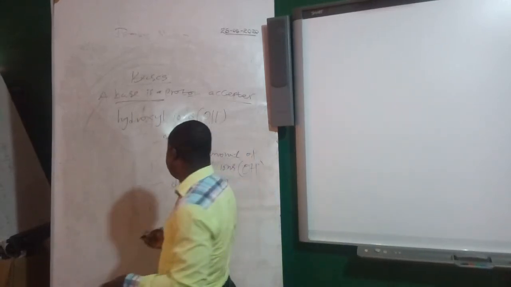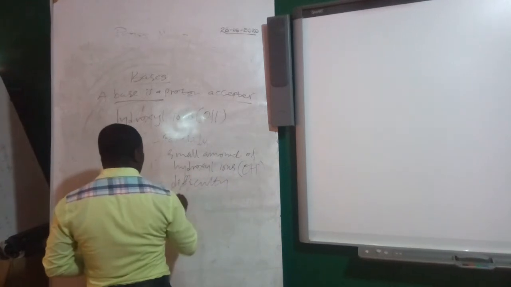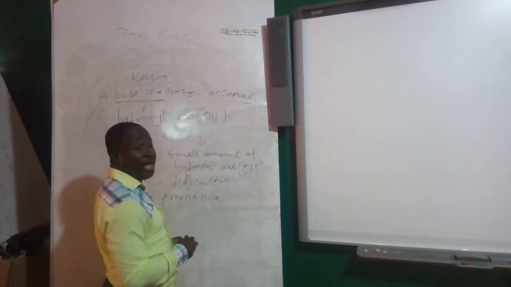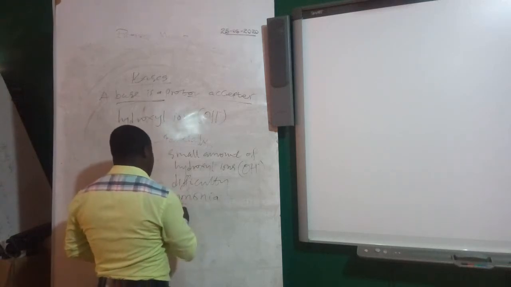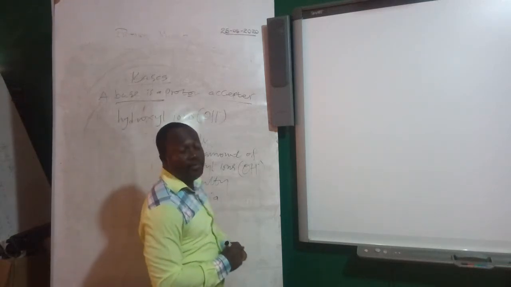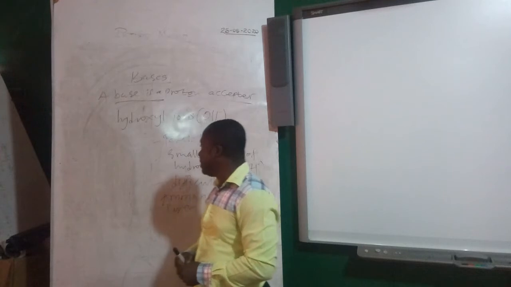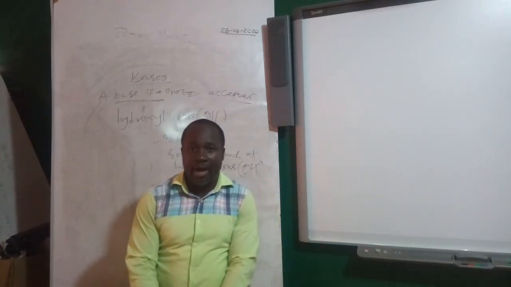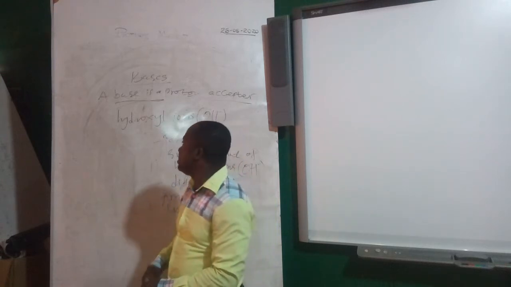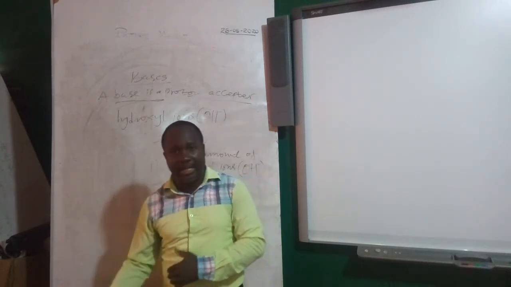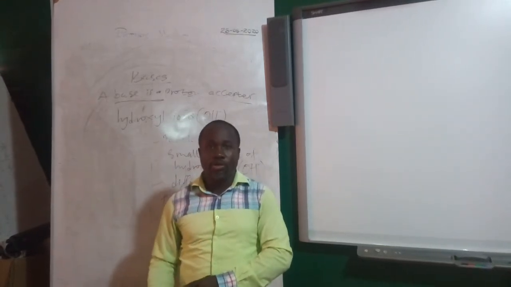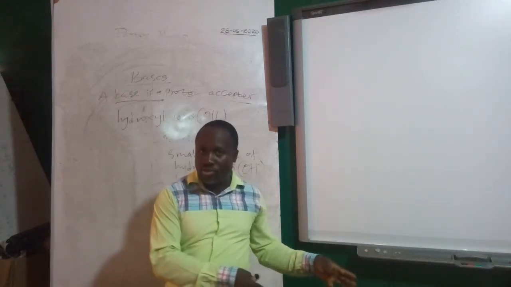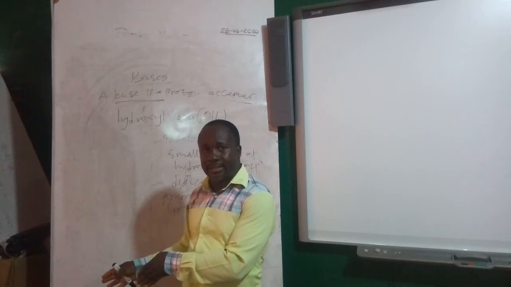Examples of weak bases, we have ammonia. Ammonia is an example of a weak base. Urea is an example of a weak base. Okay, so now we know a strong base is a base that dissociates completely in aqueous solution to release large amounts of hydroxyl ions with ease.